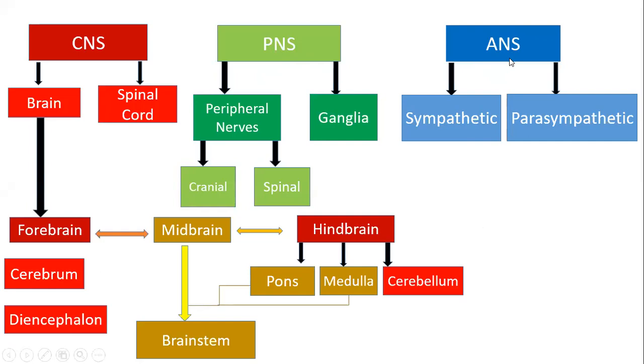The autonomic nervous system is further divided into sympathetic and parasympathetic parts. This system is under involuntary control with its headquarters situated in the hypothalamus.